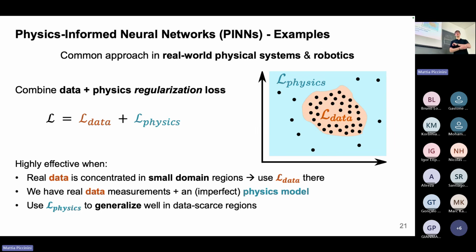So I combine my loss function with a data loss, where I have my real world data. And I don't waste what people said about physics-informed neural networks. So I still combine data plus physics in the loss function, not only when we have PDEs, but also when we have ODEs or other types of equations.